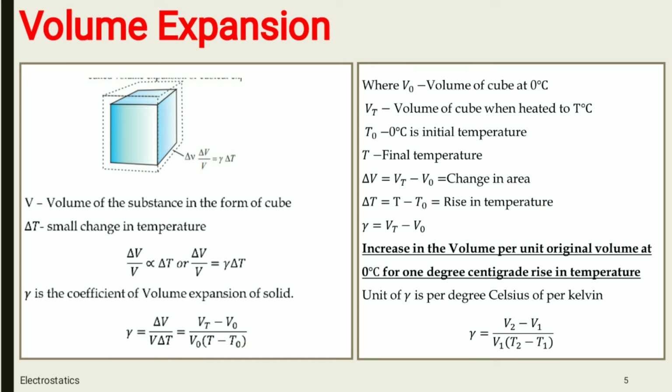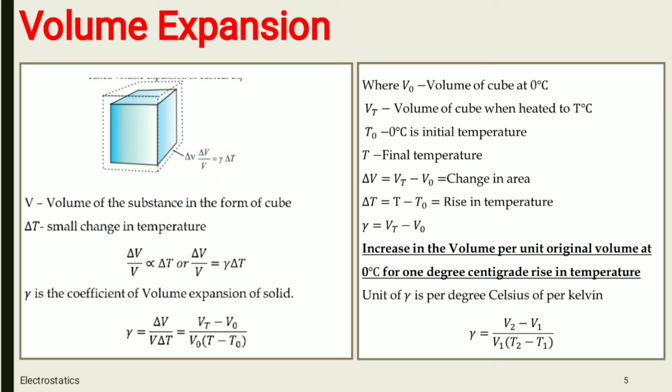Now we can see the next point, that is volume expansion. The increase in volume due to heating is called volume expansion, or cubical expansion. Consider V as the volume of a substance in the form of a cube.